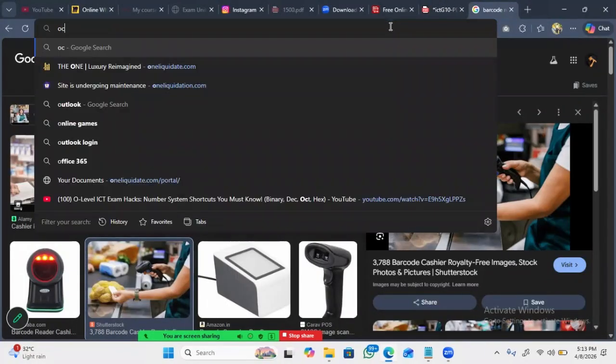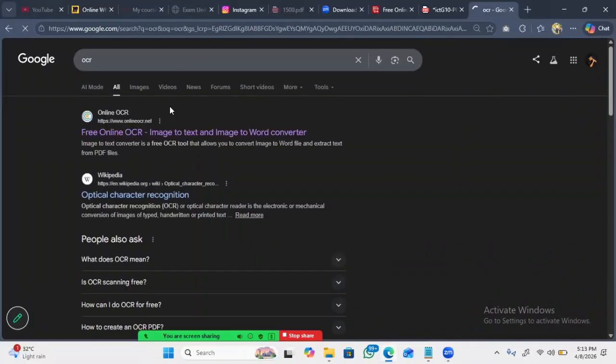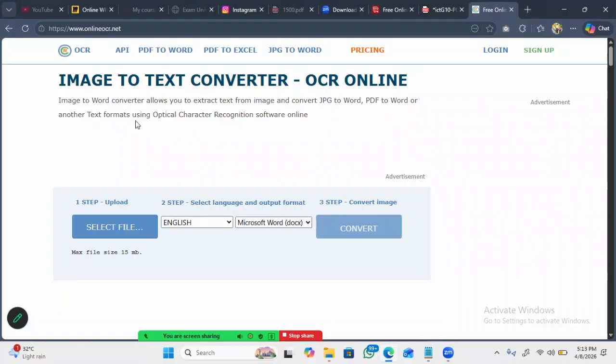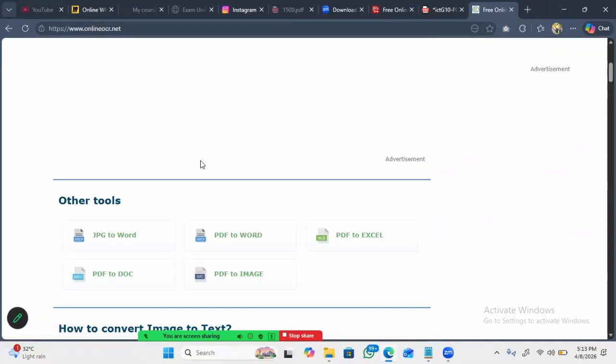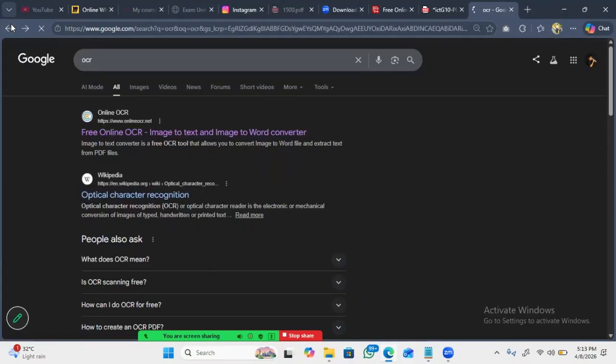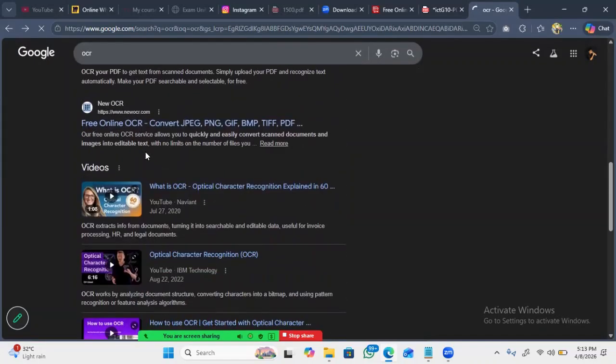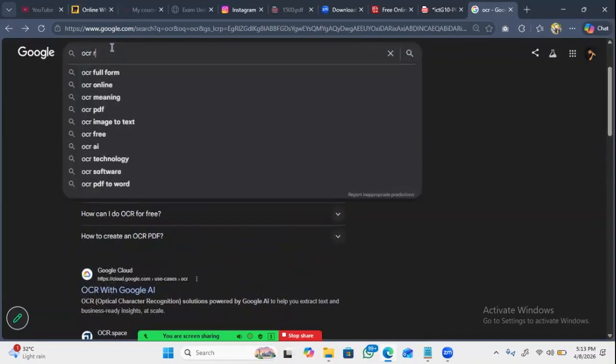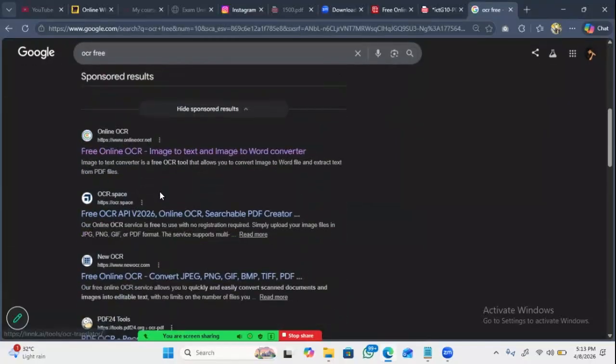Let's see OCR, optical character recognition.